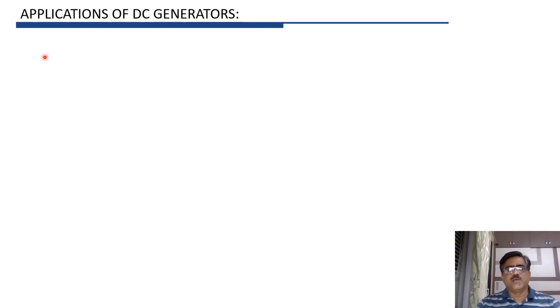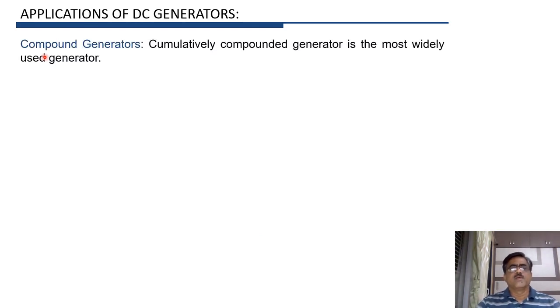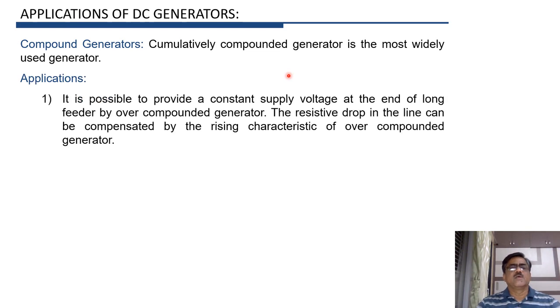Let us now see applications of compound generator. The most widely used generator is the cumulatively compounded generator because the shape of the characteristic can be adjusted by adjusting series and shunt field ampere turns.